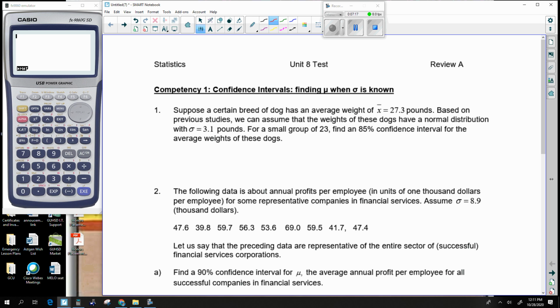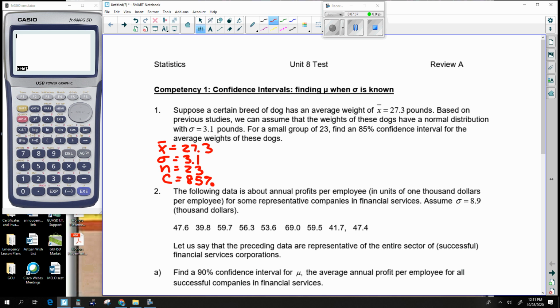All right, problem number one, this is a sigma problem. So they give me an average of 27.3, a standard deviation of 3.1, a sample size of 23 dogs, and I have a confidence of 85%.